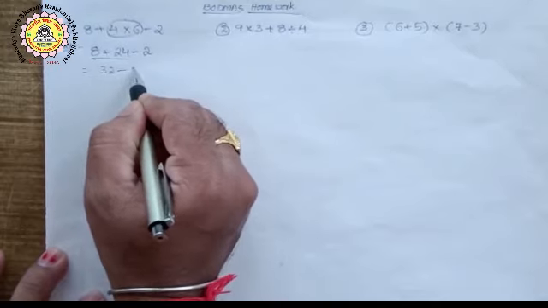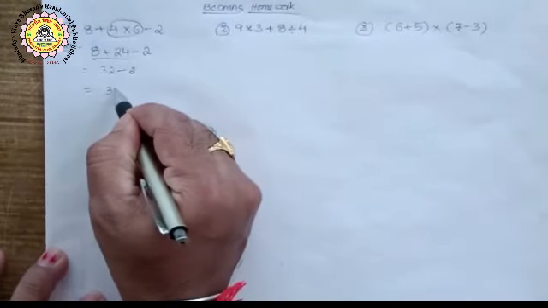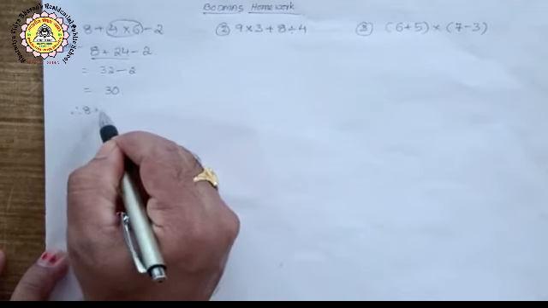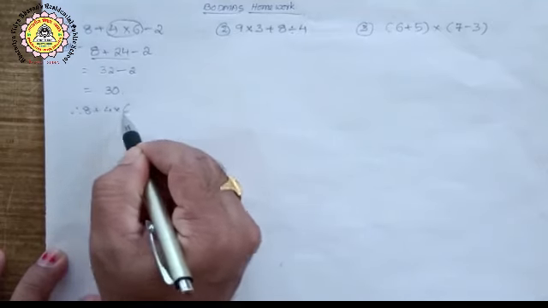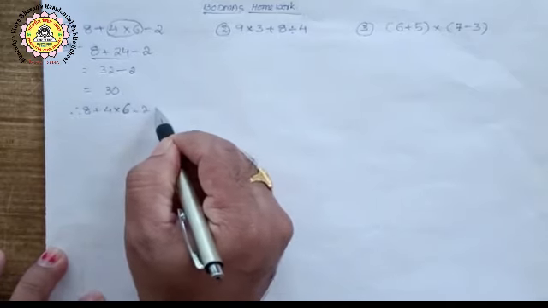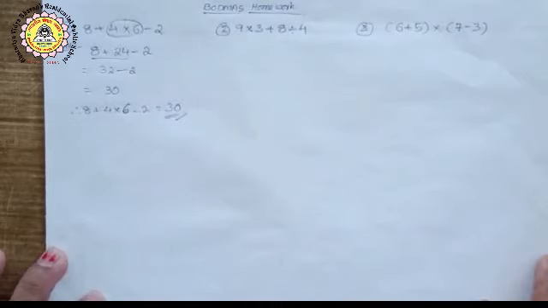Minus 2, so 32 minus 2, how much? Very simple, that is 30. So 8 plus 4 into 6 minus 2 is equals to 30. This is the answer for the first question.